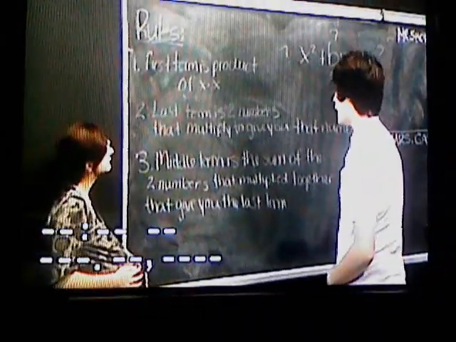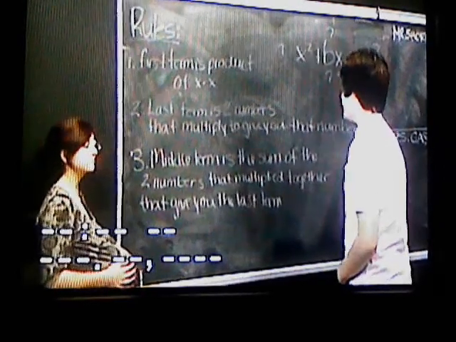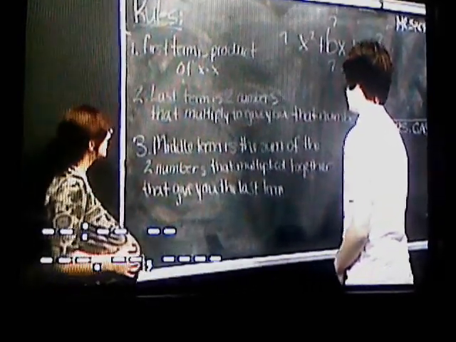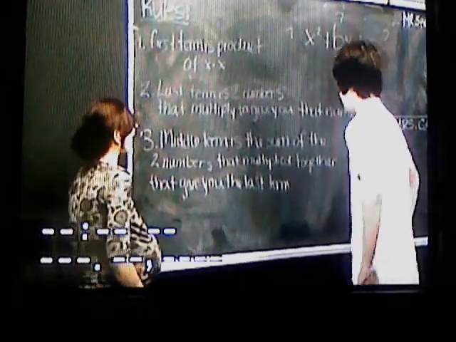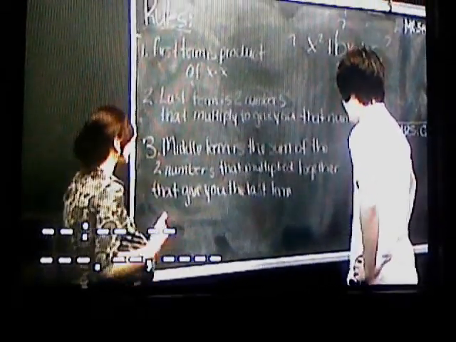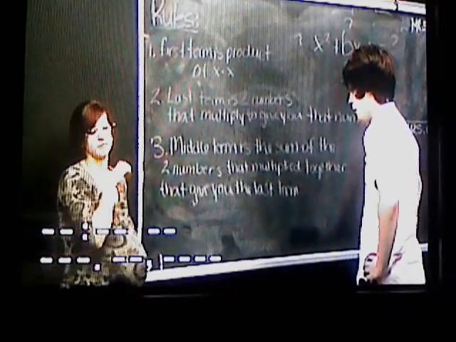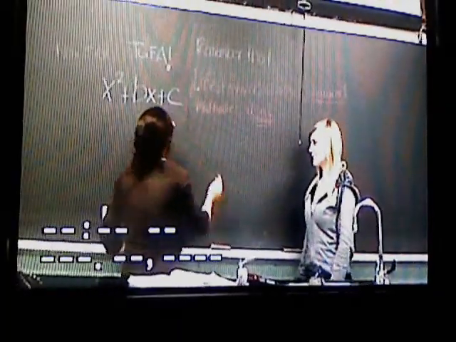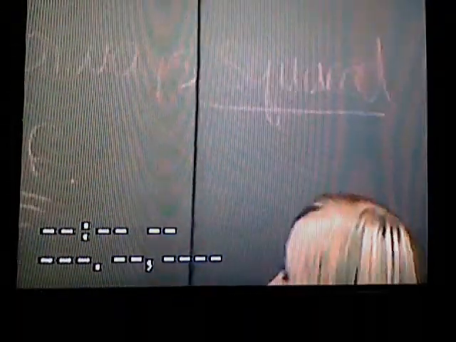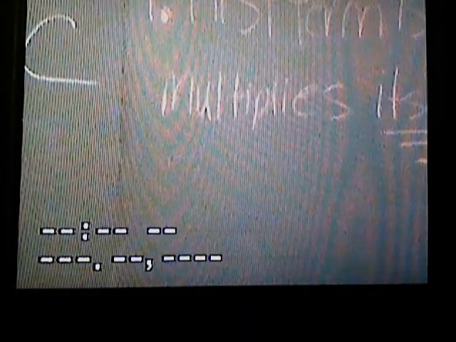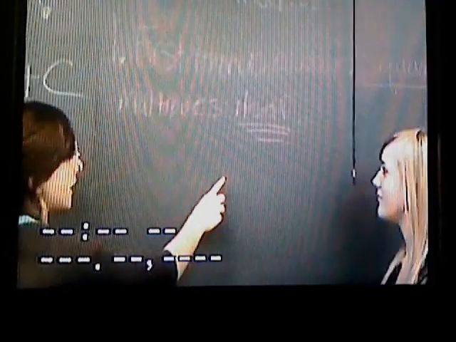The second rule is the last term is 2 numbers that multiply to give you that number. The third is the middle term is the sum of the 2 numbers that multiply together to give you the last term. Monica, the first term is always squared and multiplies by itself.